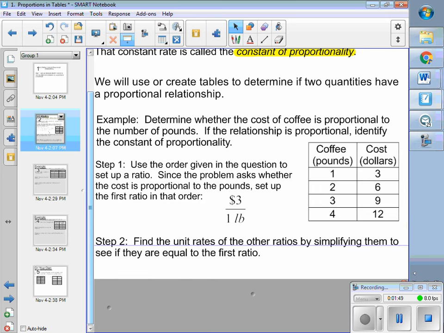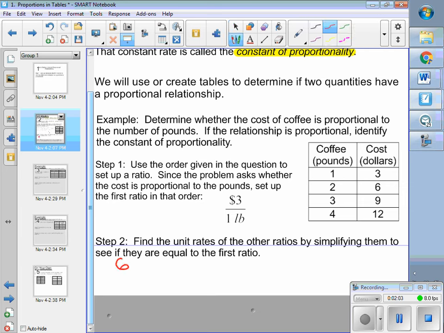Step 2. Find the unit rates of the other ratios by simplifying them to see if they are equal to the first ratio. So we look at $6 over 2 pounds. If I divide 6 by 2, I get 3 over 1.